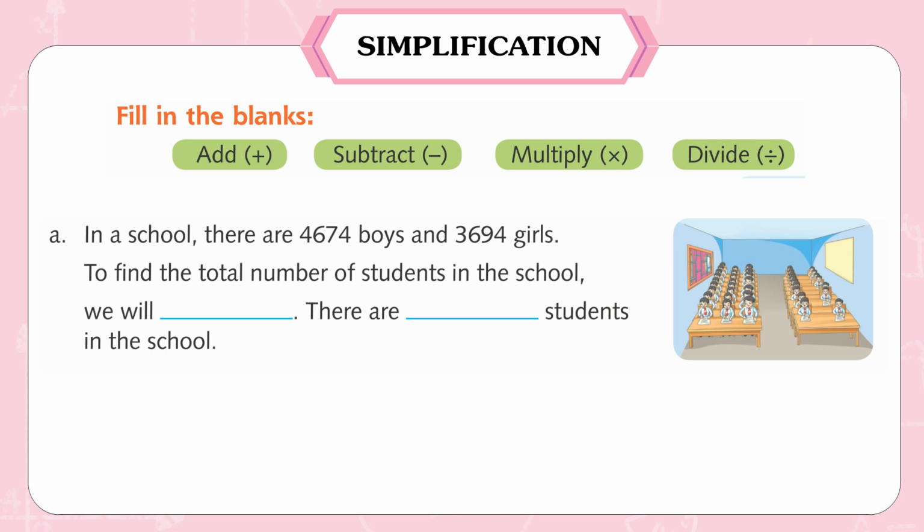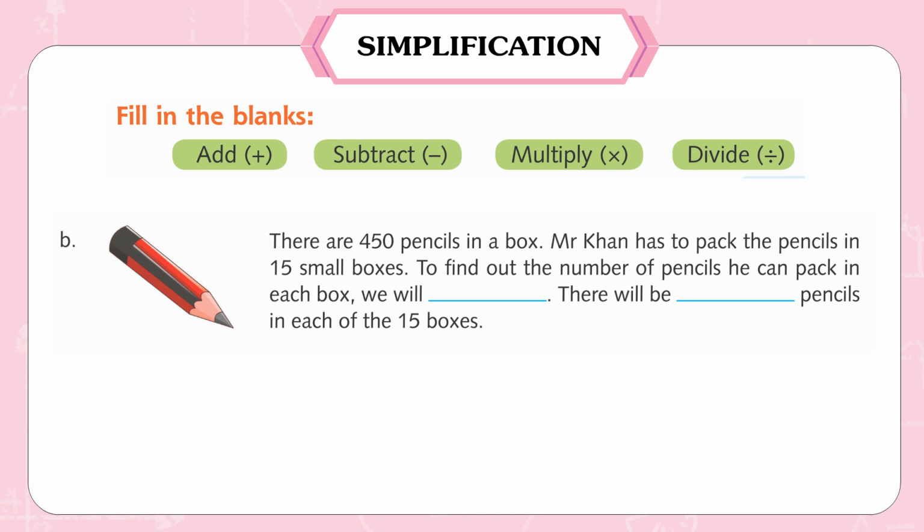There are dash students in the school. B. There are 450 pencils in a box. Mr. Khan has to pack the pencils in 15 small boxes. To find out the number of pencils he can pack in each box, we will dash. There will be dash pencils in each of the 15 boxes.